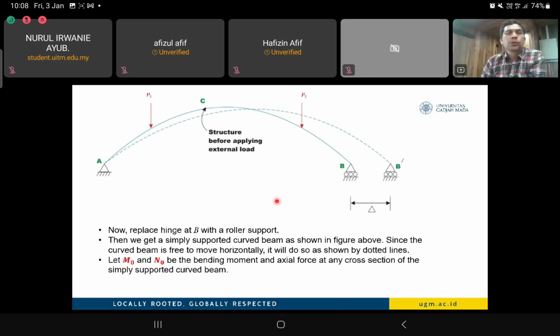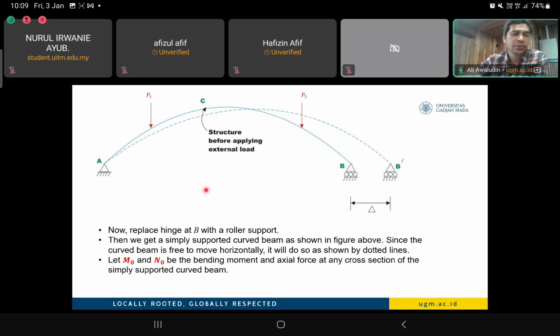Assuming that B is a roller, we apply P1 and P2, and there will be some significant displacement, so B will displace because it is a roller support. Let's calculate the bending moment of the simple beam. We call it M0, and also N0, which is the normal force, in compression.